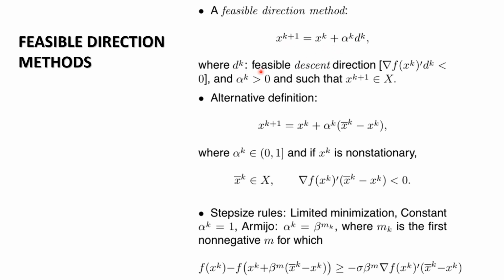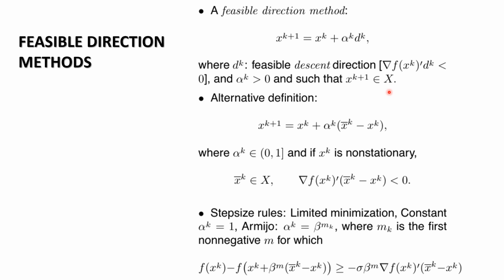dk is a feasible descent direction, satisfying that the transposed gradient of function f at xk multiplied by dk is negative, and the step size alpha k is positive and such that xk plus 1 is from the same set X. This ensures you are moving downhill.